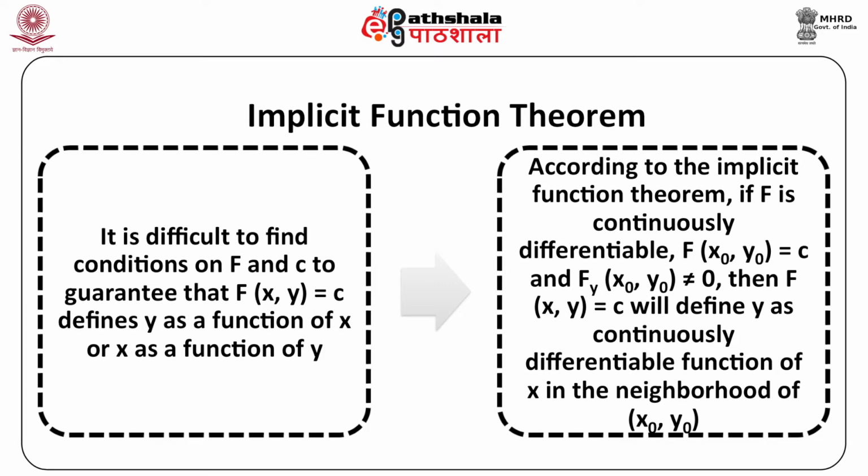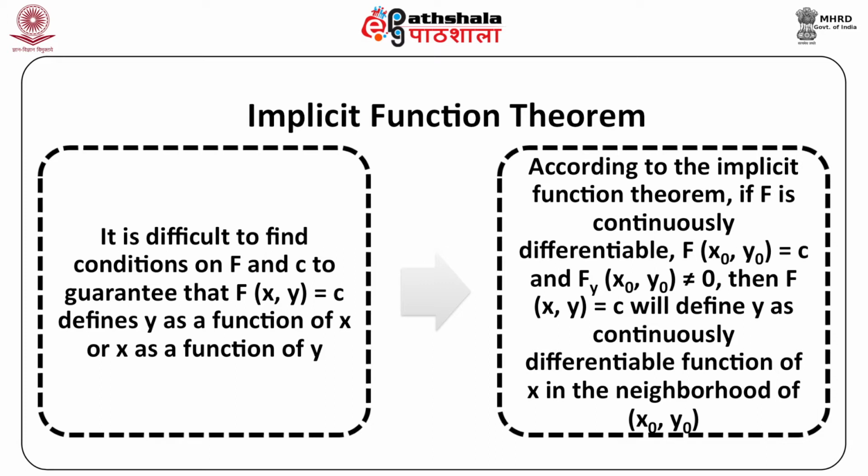According to the implicit function theorem, if f is continuously differentiable, f(x0, y0) is equal to c, and f_y(x0, y0) is not equal to 0, then f(x, y) equal to c will define y as a continuously differentiable function of x in the neighborhood of x0. Similarly, x will be a differentiable function of y in the neighborhood of y0.